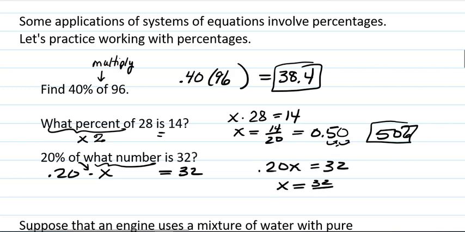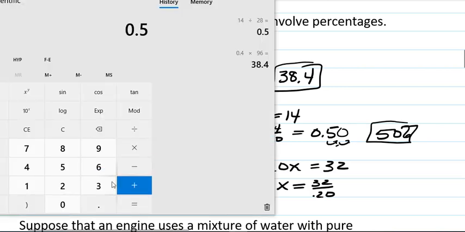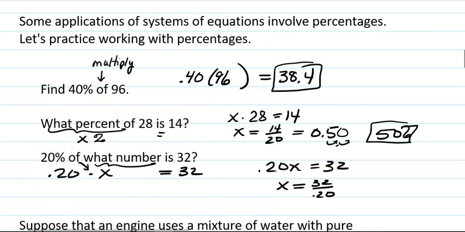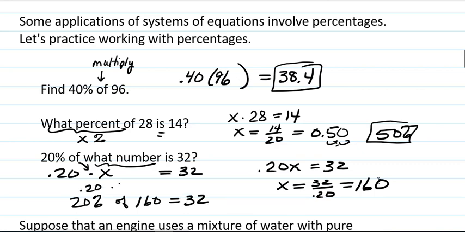So x is going to be 32 divided by 0.20, which is 160. Does that make sense? Does 20% of 160 equal 32? You can check that by multiplying 0.20 by 160, and you'll see that yes, it does equal 32.